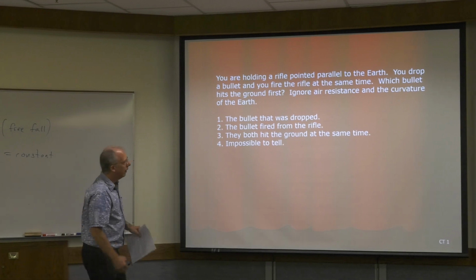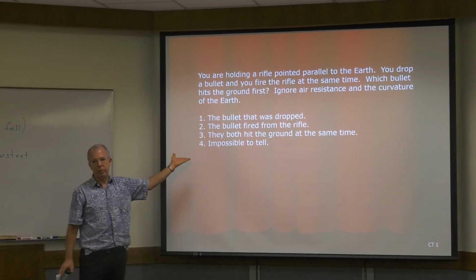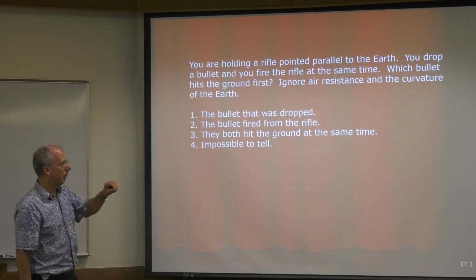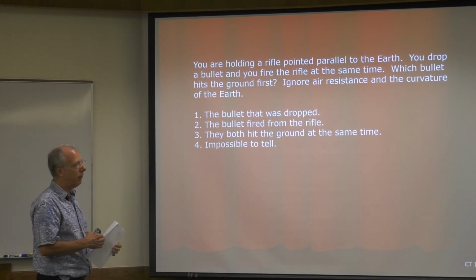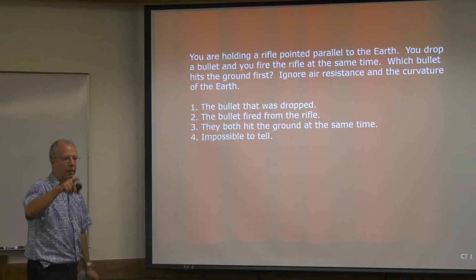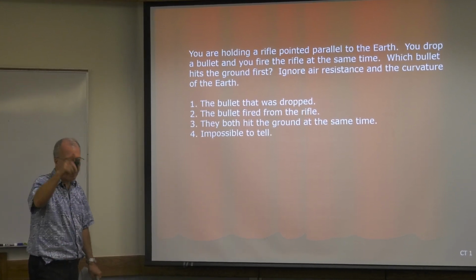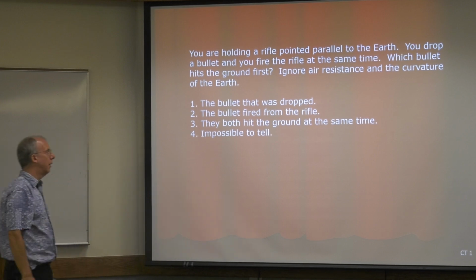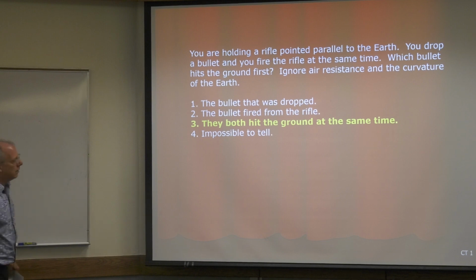All right, we're back. So this is the demonstration we did, right? We didn't do it with a rifle. We did it with a projectile launcher, right? As soon as the bullets leave the gun, it's free fall. And free fall has the same acceleration due to gravity. So the time to reach the ground is going to be the same. They both hit the ground at the same time.